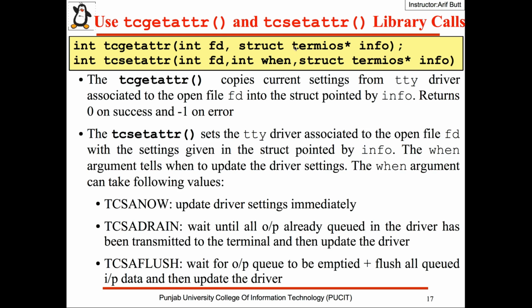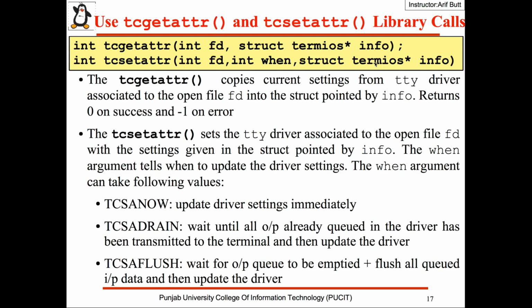And the second argument is a structure of type termios. Since this is a getter, once it is called, it will populate this structure with all the attributes of the terminal driver. And in case you want to change the attributes, you use the tcsetattr function, and you pass it the first argument as fd and the third argument as the termios structure, and this termios structure is populated by you.